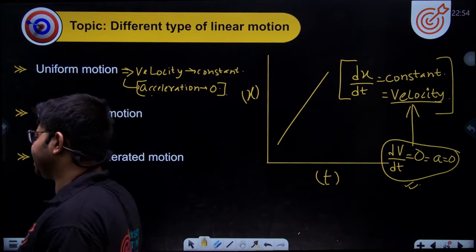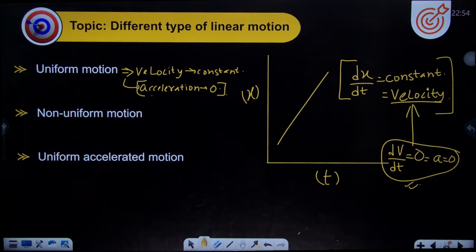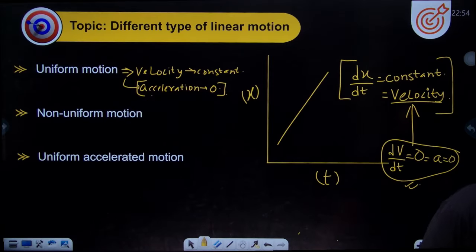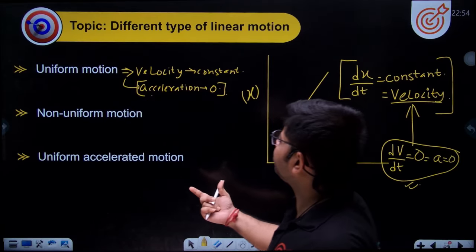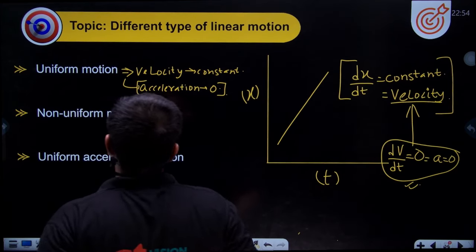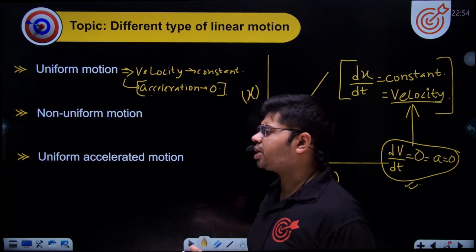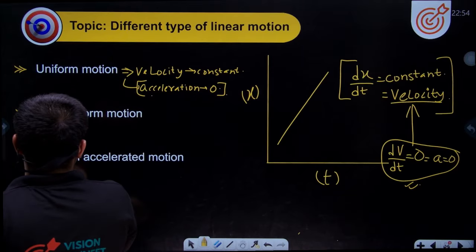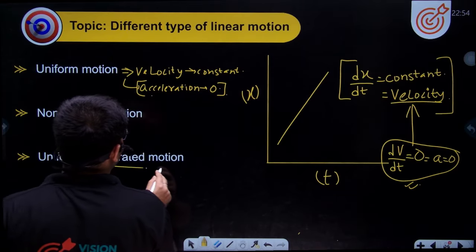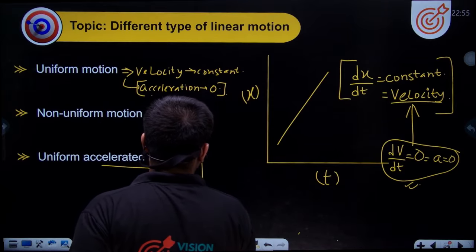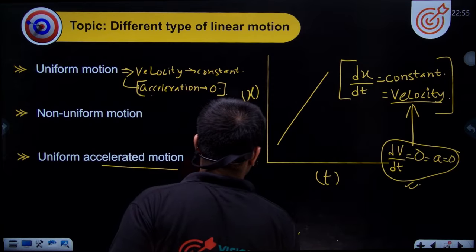Non-uniform motion, anything outside the ambit of uniform motion, is basically non-uniform motion. So in non-uniform motion the velocity is not constant. Accelerated motions are also non-uniform motions. All the accelerated motions are non-uniform motions. And uniformly accelerated motion is a special type where it is accelerating uniformly.